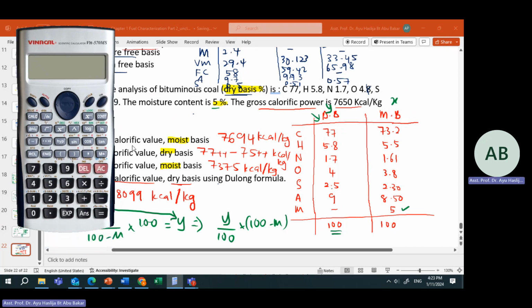Okay, try setting the equation. Divide 100, multiply 95, right? 95. Okay, let's see if you get it. A 77. Okay, then for the next one just calculate and put in the value.